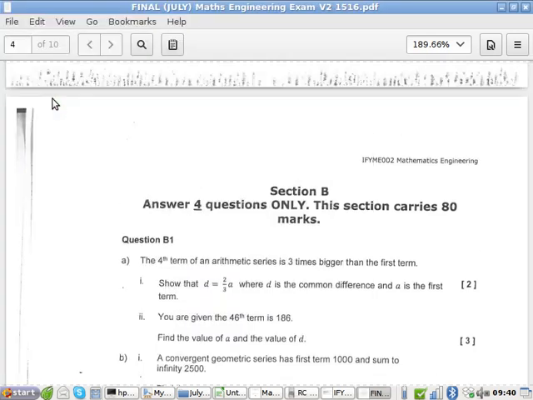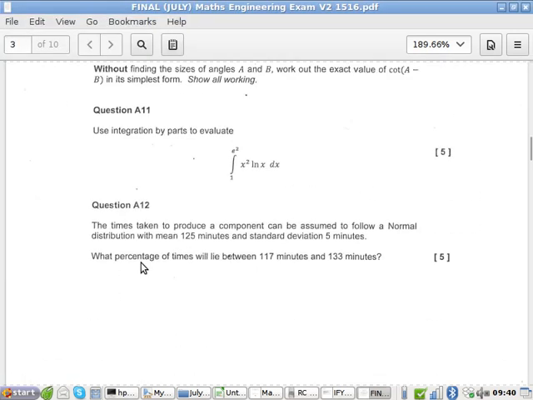If you look at the exam, can you see question 12? Have a look at 12. The times taken to produce a component can be assumed to follow a normal distribution with mean 125 and standard deviation 5. What percentage is between 117 and 133? What type of problem is that? The time taken to produce something is a normal bell curve with average 125 and standard deviation 5.